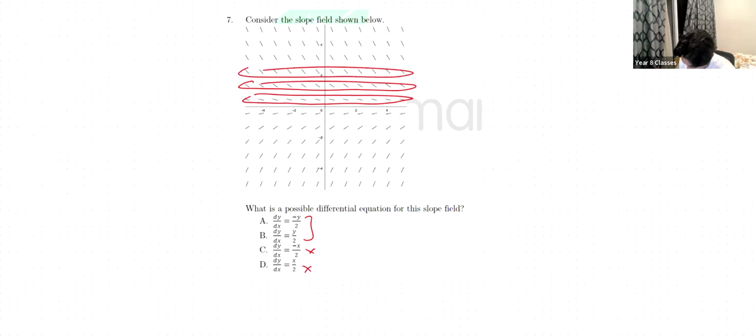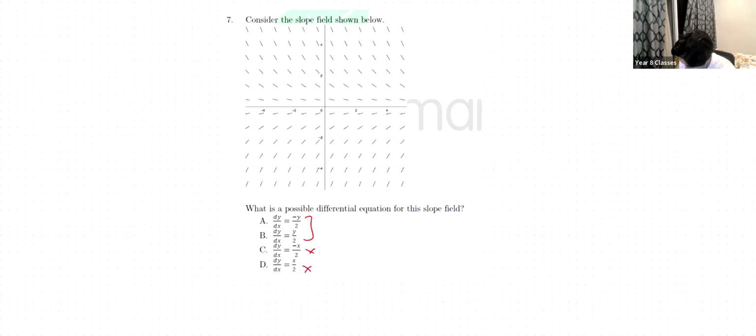For that, you look at a specific point. Let's take, for example, y equals 2. If I look here, this slope is negative, so whichever one it is should give me a negative slope.